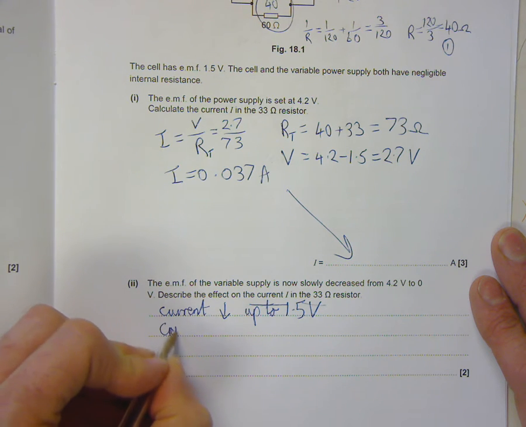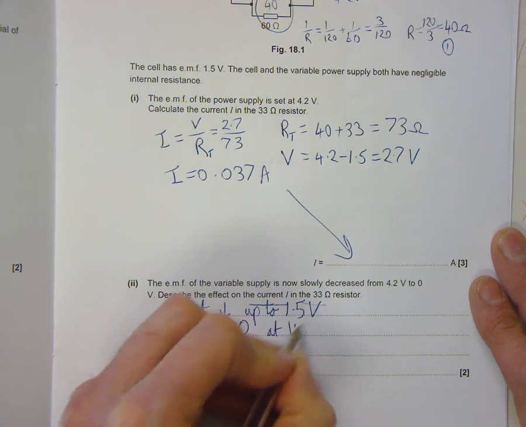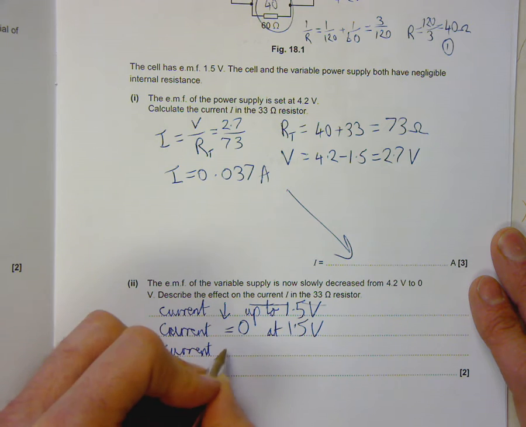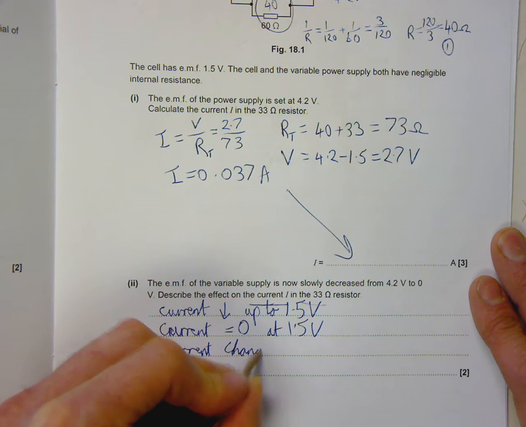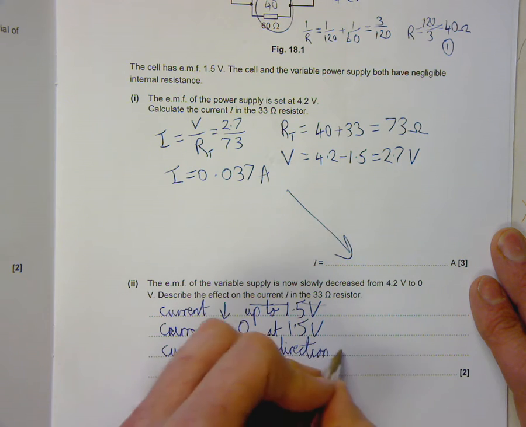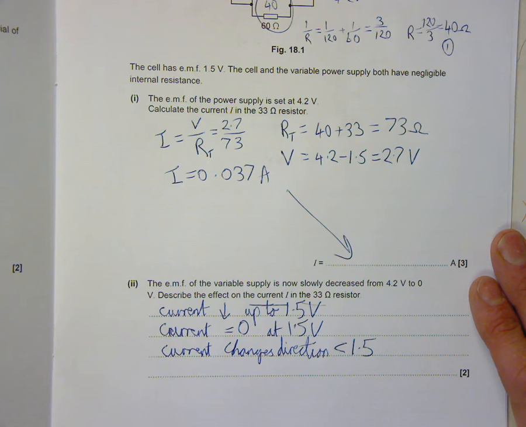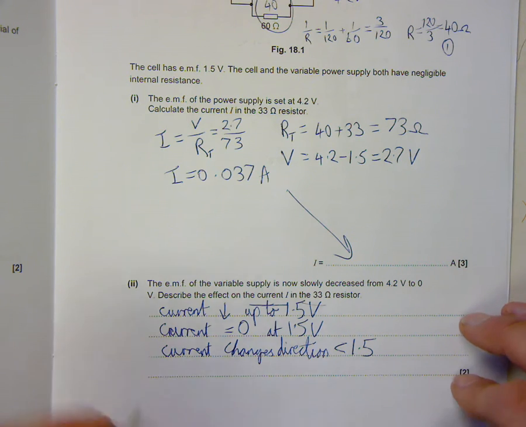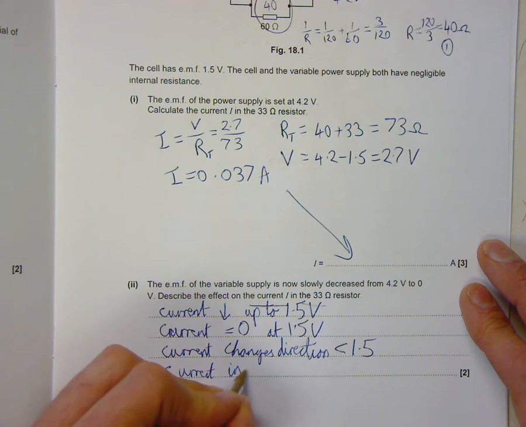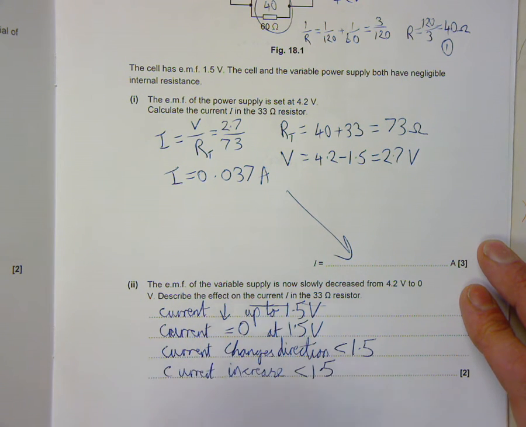Current equals 0 at 1.5 volts, and the current changes direction when its voltage is less than 1.5 volts. You could even say the current also increases in the opposite direction, of course, when it's less than 1.5 volts.